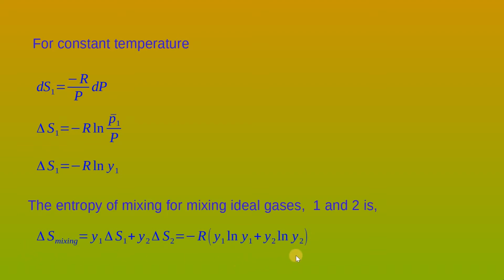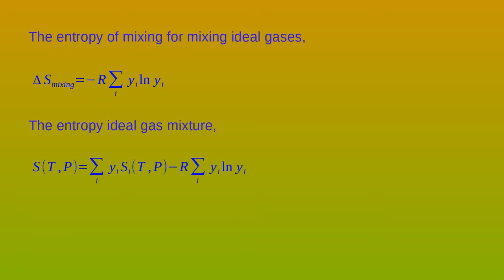If we had a mixture of I components or I species, it would be nothing but minus R summation over i yi into ln yi.